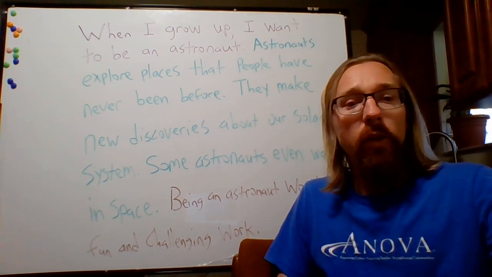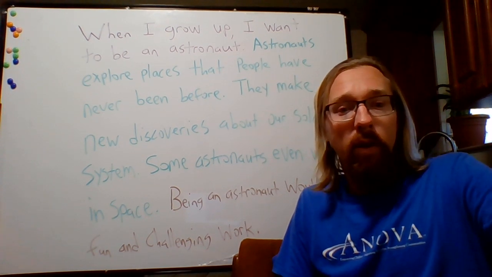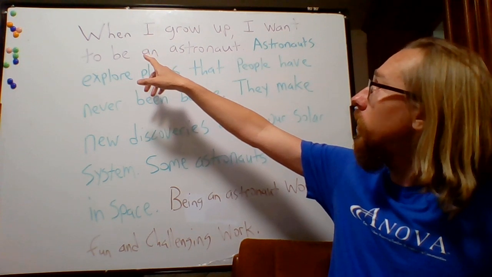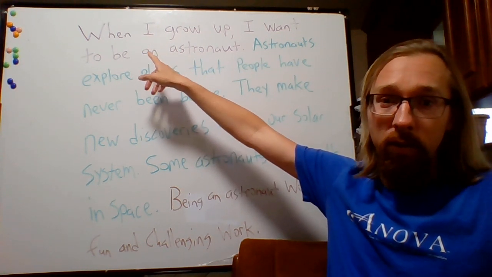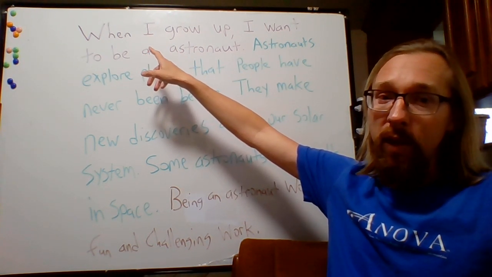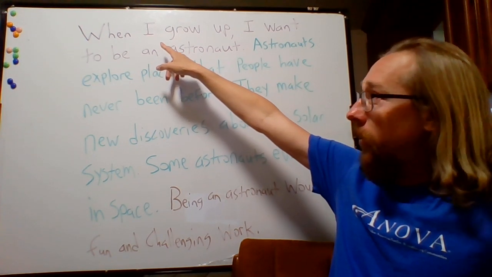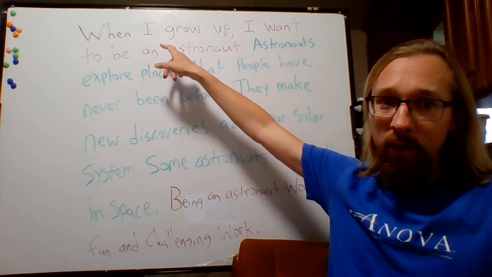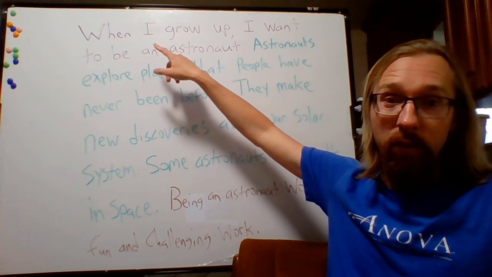Okay, so you know what this paragraph is about right away. It's about this person's desire to be an astronaut when they grow up. That person made it clear in their introduction, or their starter sentence. In the actual document right below this, I call it a starter sentence.